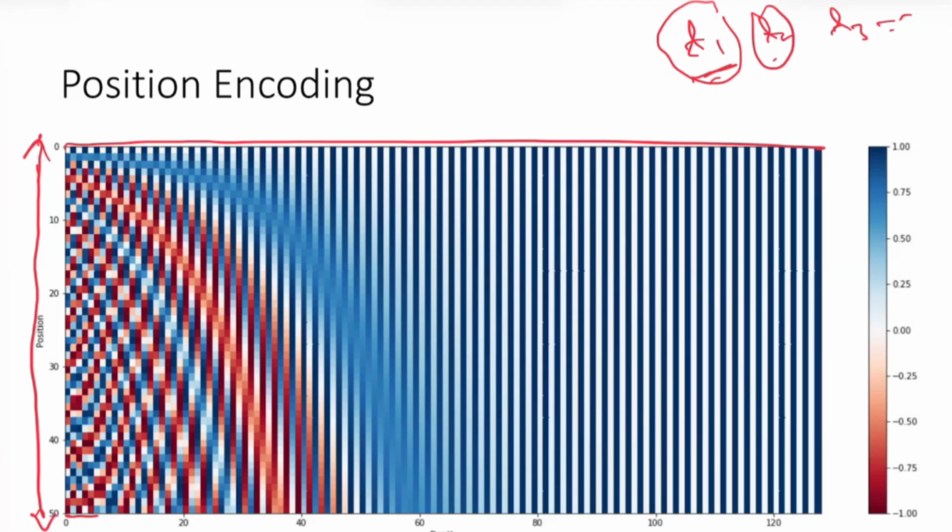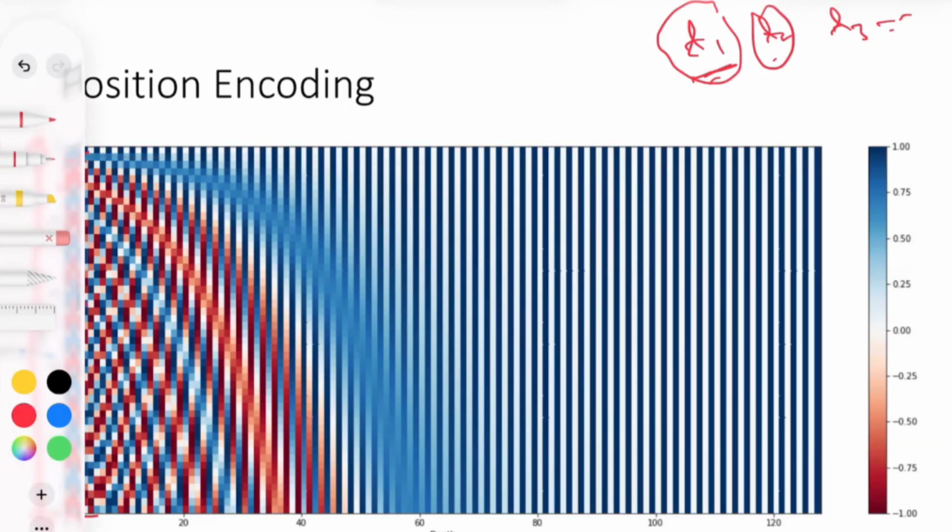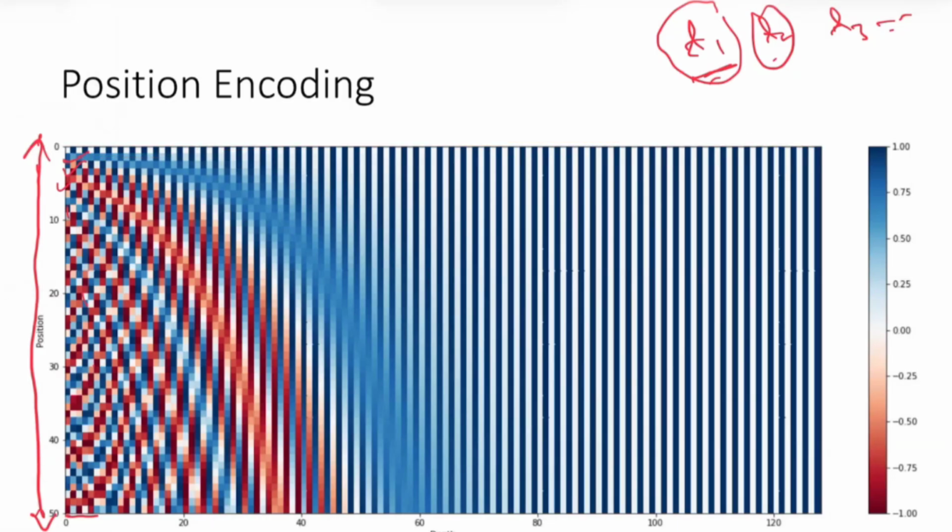Okay, so now if you just plot it, you can see here, this first part is for the zeroth position, then the second part, then the third part, the fourth part. Now if you carefully see, every part is having distinct values. If I consider one vector here and here, all these 50 vectors are different.